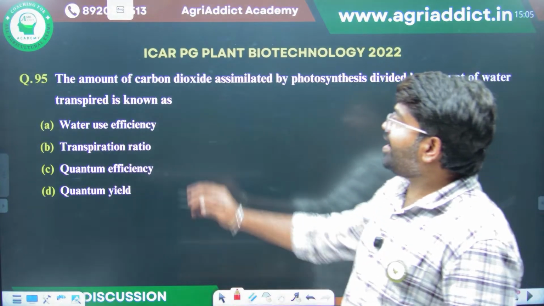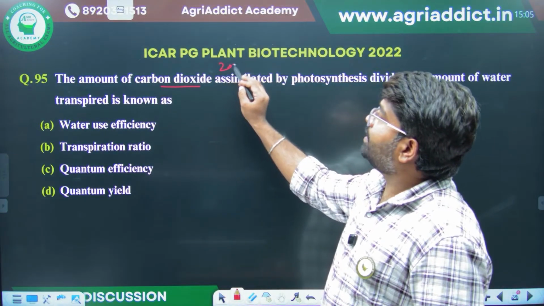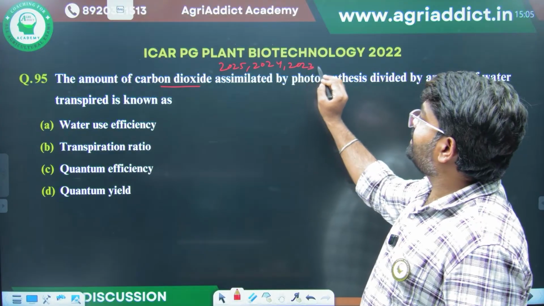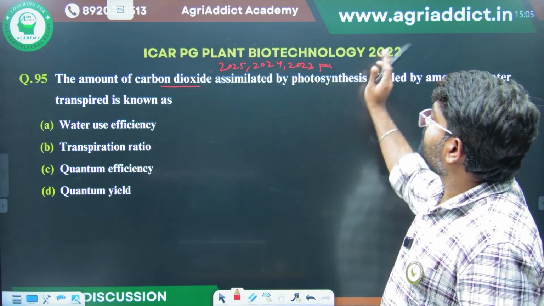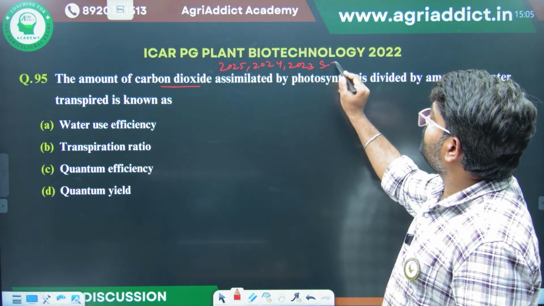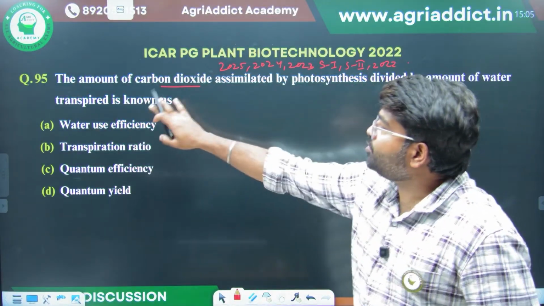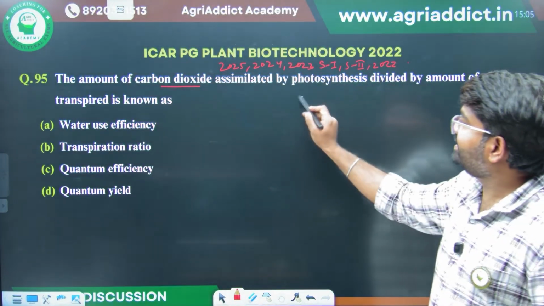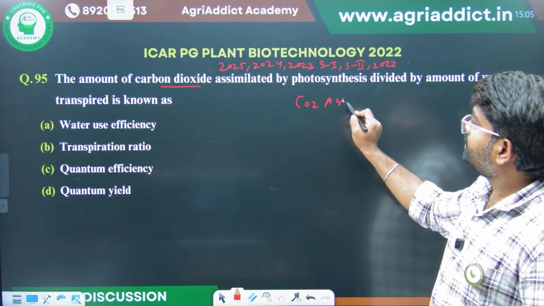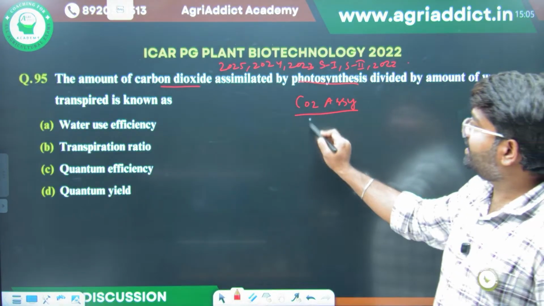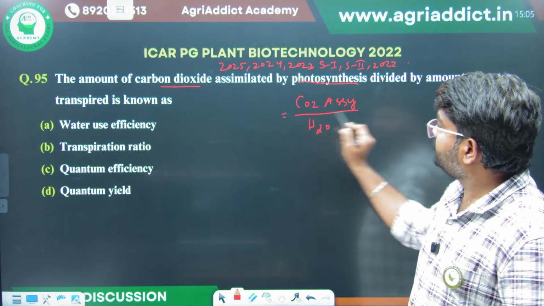The amount of carbon dioxide assimilated, 2022 shift 1, shift 2. The amount of carbon dioxide assimilated by photosynthesis divided by the amount of water transpired is what?